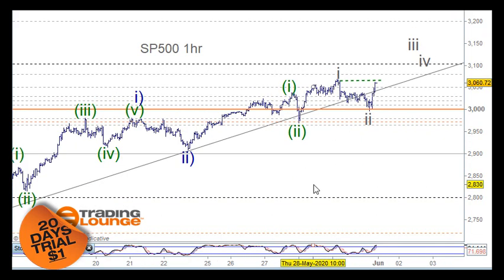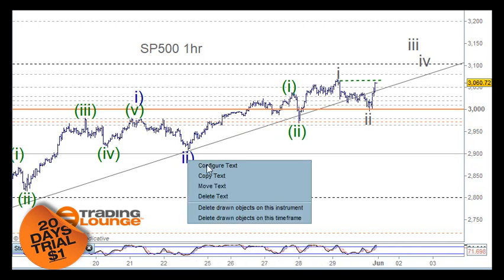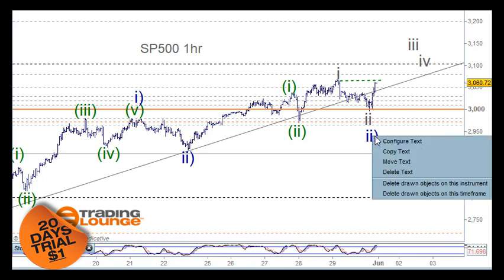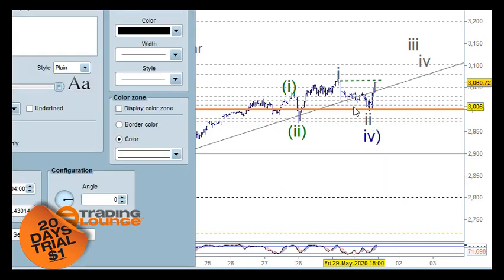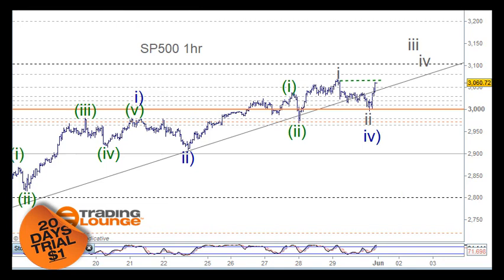So, just recapping this a little bit, we can look at that as wave 2 there, or we can look at it as wave 4. And I think it's okay. A lot of the time when we have 2 counts on something, they're in the opposite direction of each other, but at least these 2 counts are in the same direction, which makes life a little bit easier.